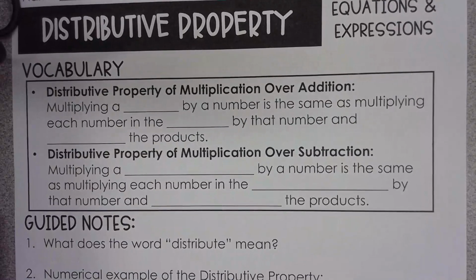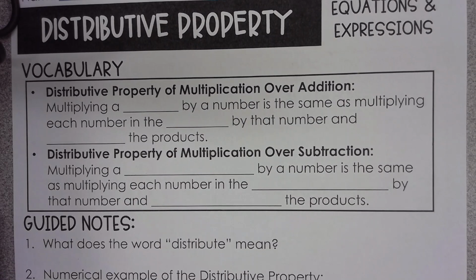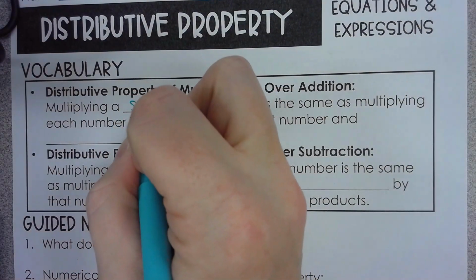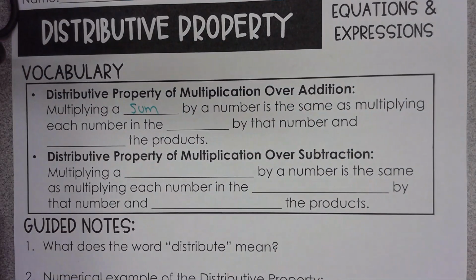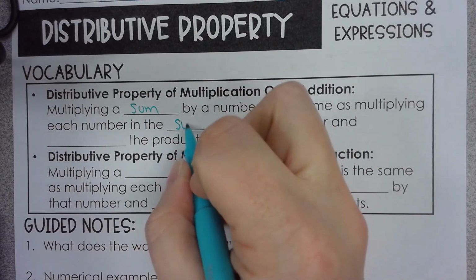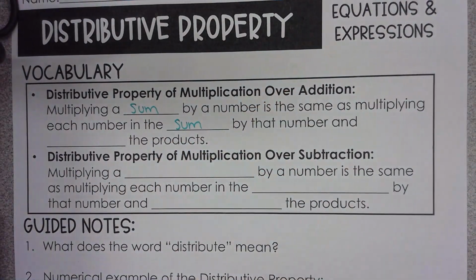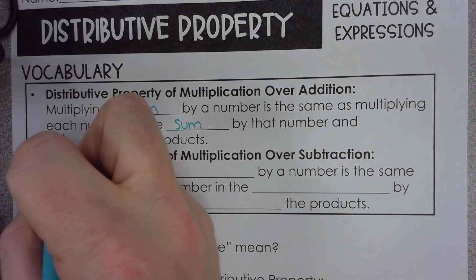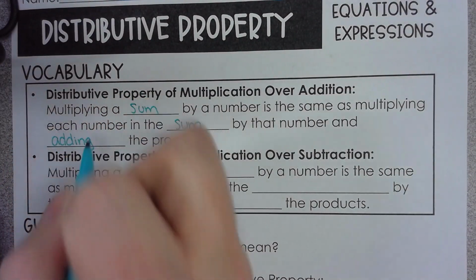First of all, we have the distributive property of multiplication over addition. That means multiplying a sum by a number is the same as multiplying each number in the sum by that number and adding the products.